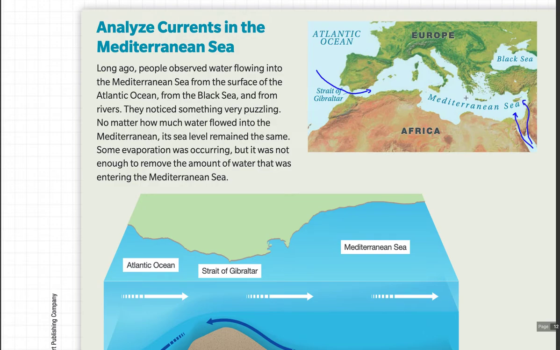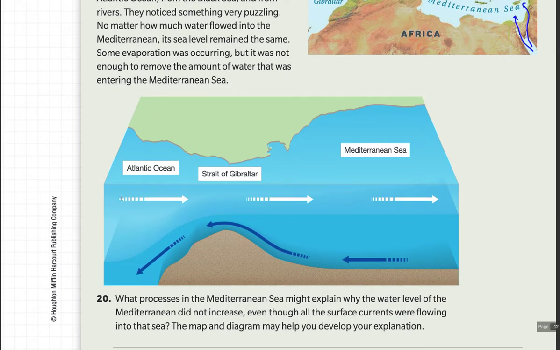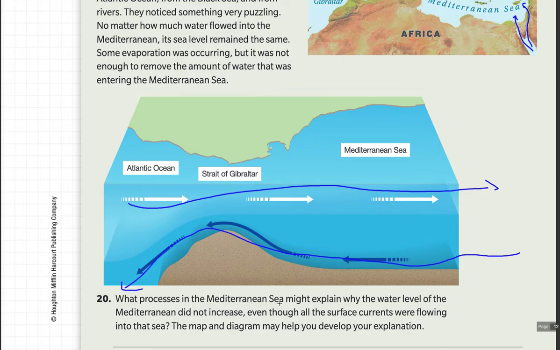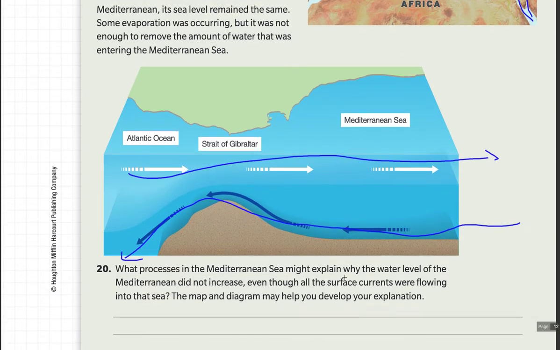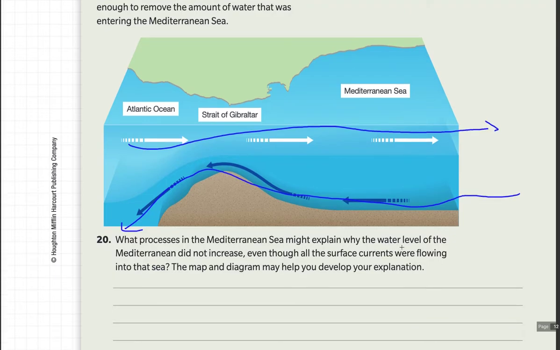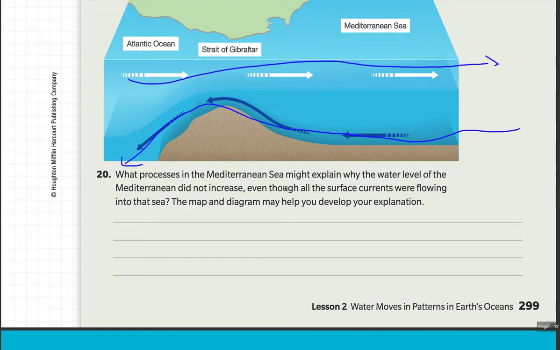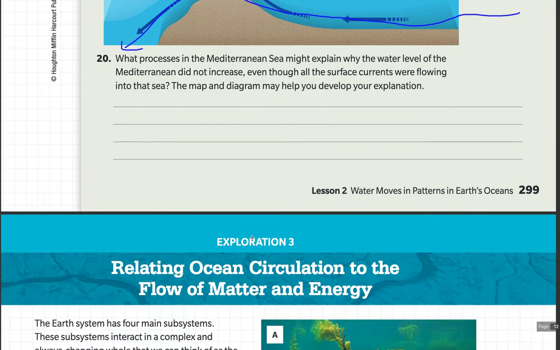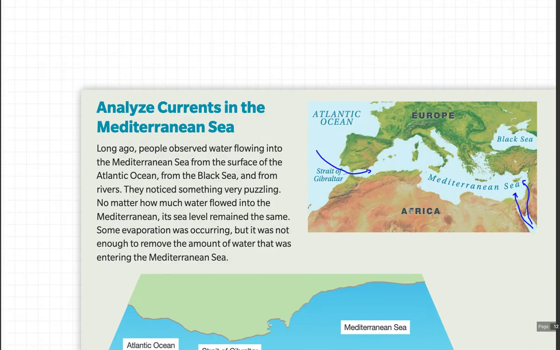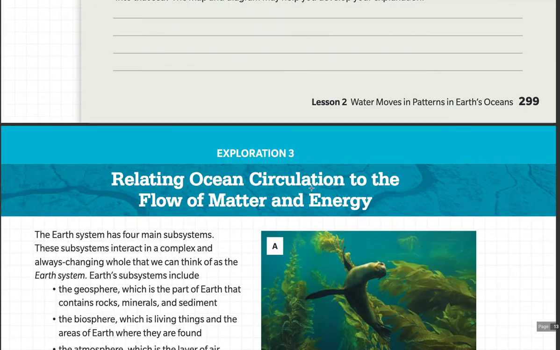So why doesn't the Mediterranean Sea keep getting bigger? The point is that the surface currents are going in, but the deep ocean currents are going out. That's the one I was just answering.